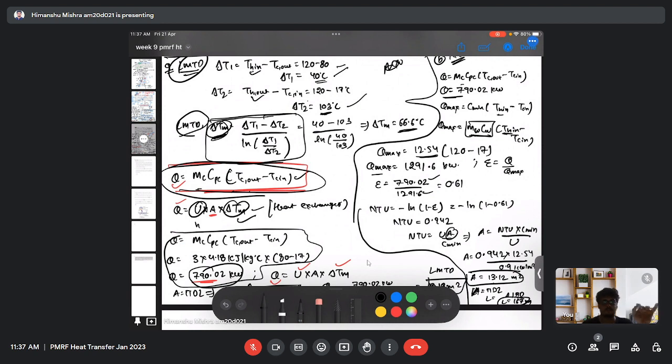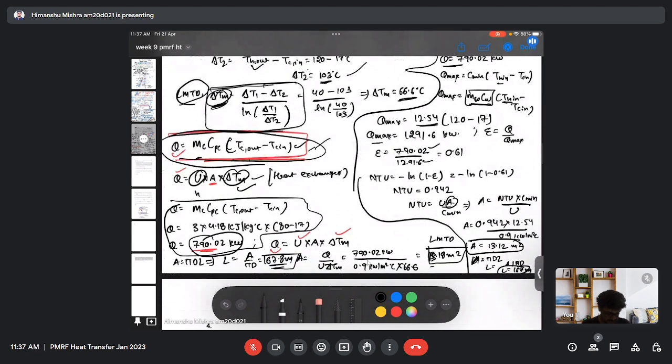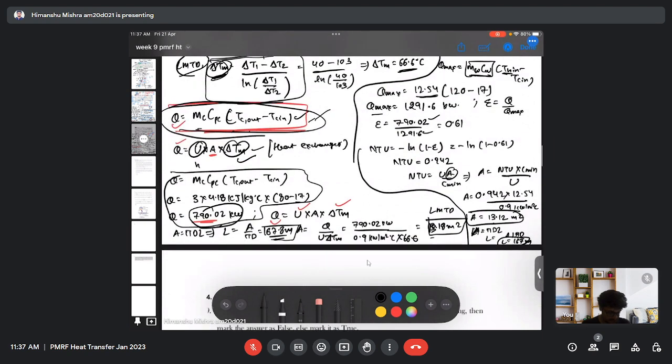But since here the hot fluid temperature is constant due to condensation, we use the cold fluid properties and temperature. Once we get the heat transfer, we use the LMTD heat transfer to calculate the area. We just use the energy balance here: this heat transfer is due to m c_p delta T, and this LMTD heat transfer is due to U A LMTD.